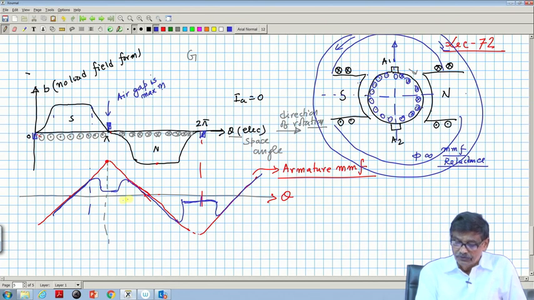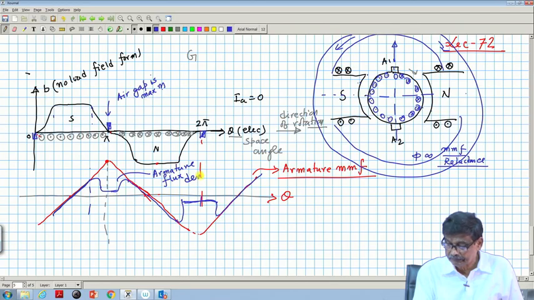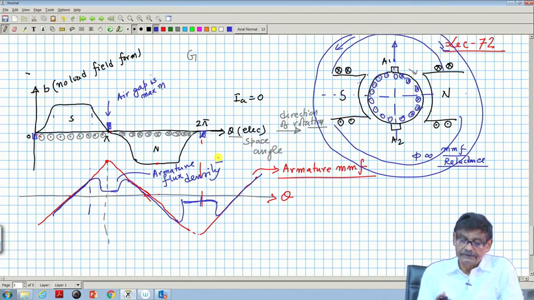So, this blue curve is the armature flux density. This is the thing.